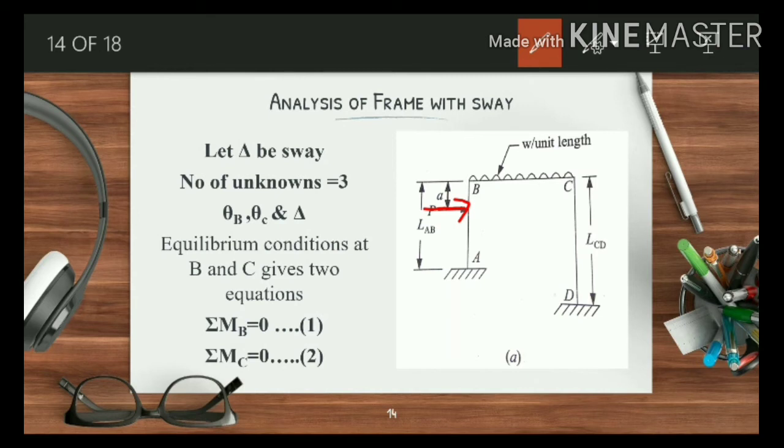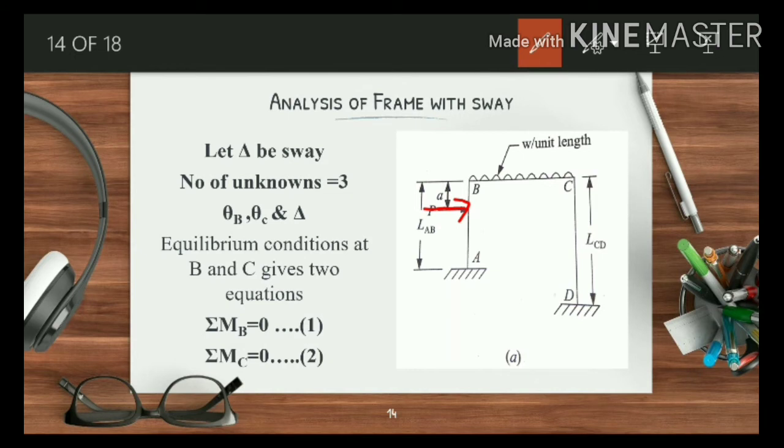Here the supports A and D are the same and fixed. Due to this, we know that theta A and theta D will be 0. In the slope deflection equation, we have theta A, theta B and delta as unknowns.